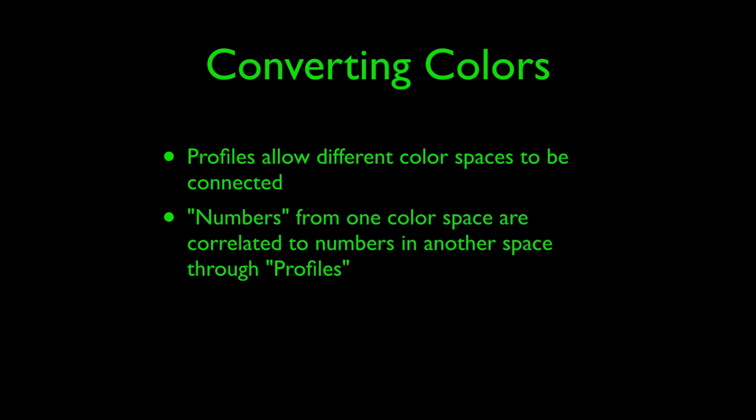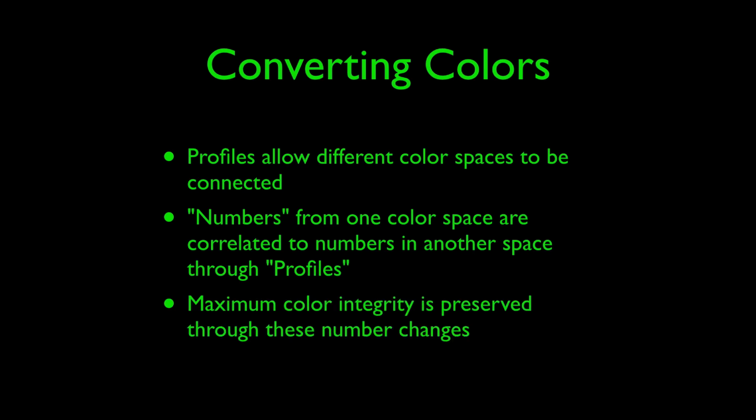This connection process correlates the numbers of one color space to the numbers of another color space through profiles that describe how the numbers in each color space represent color. By using these profile descriptors, maximum color integrity is preserved by changing the numbers according to the colors those numbers represent.